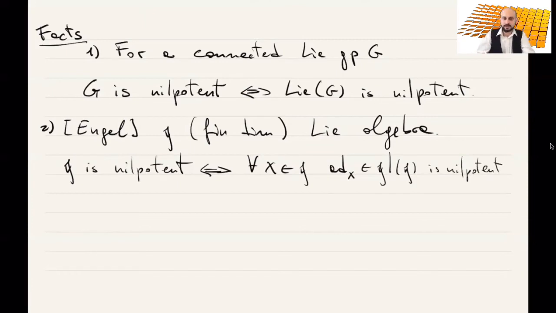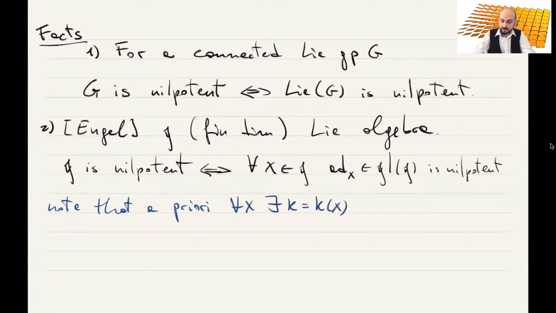I want you to notice something. A priori, in the assumption, we have that for all x there exists a k which might depend on x, such that the k-th power of the adjoint of x is the zero matrix.